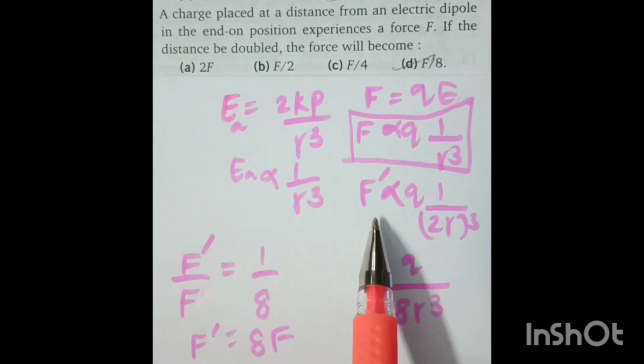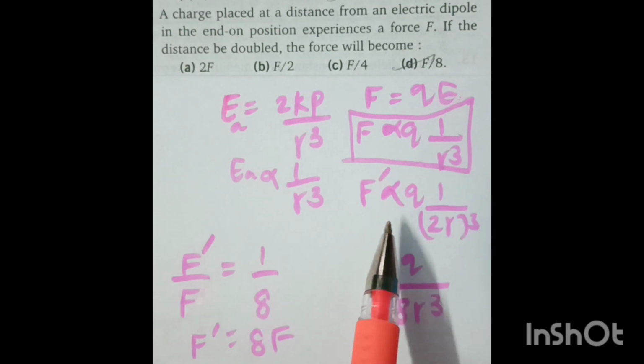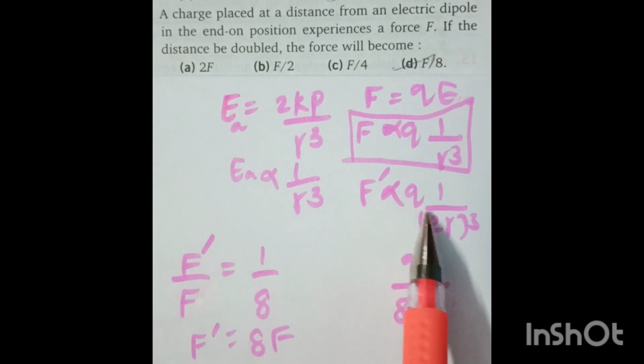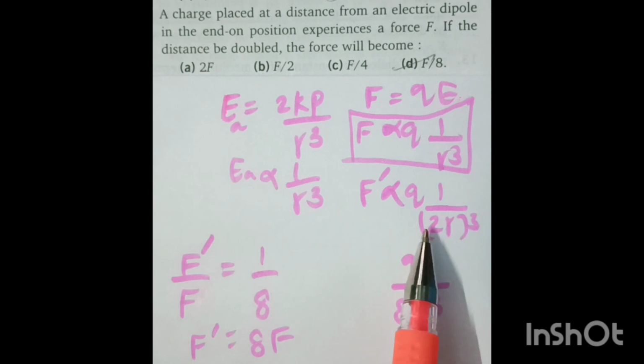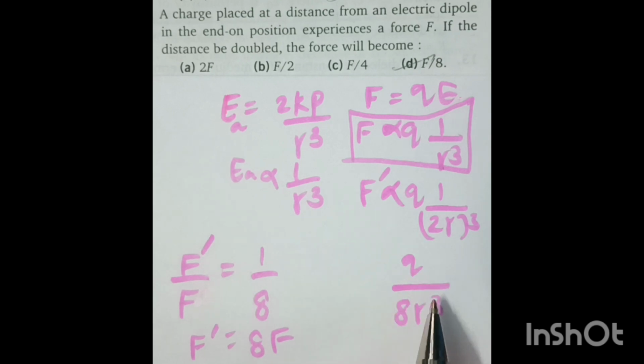Now we are doubling the distance, that is r is doubled. So F dash is proportional to Q by 2r whole cube. We have to take the new distance, that is 2r. So F dash is proportional to Q by 8 r cube, because 2 cube is 8.